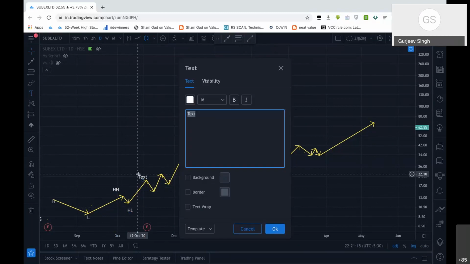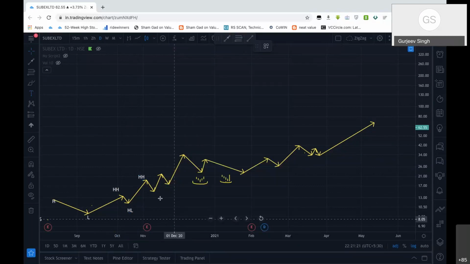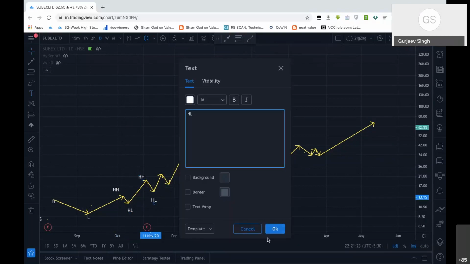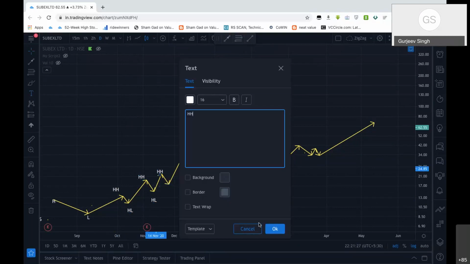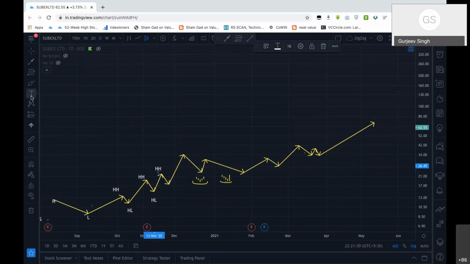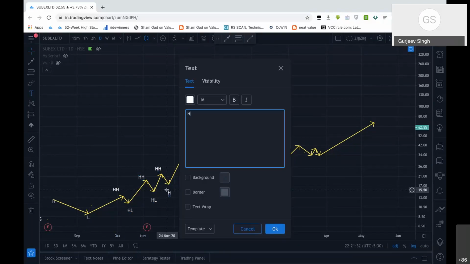मेरा ट्रेंड ऊपर जा रहा है. Higher high, higher low. Again, higher high, higher low.